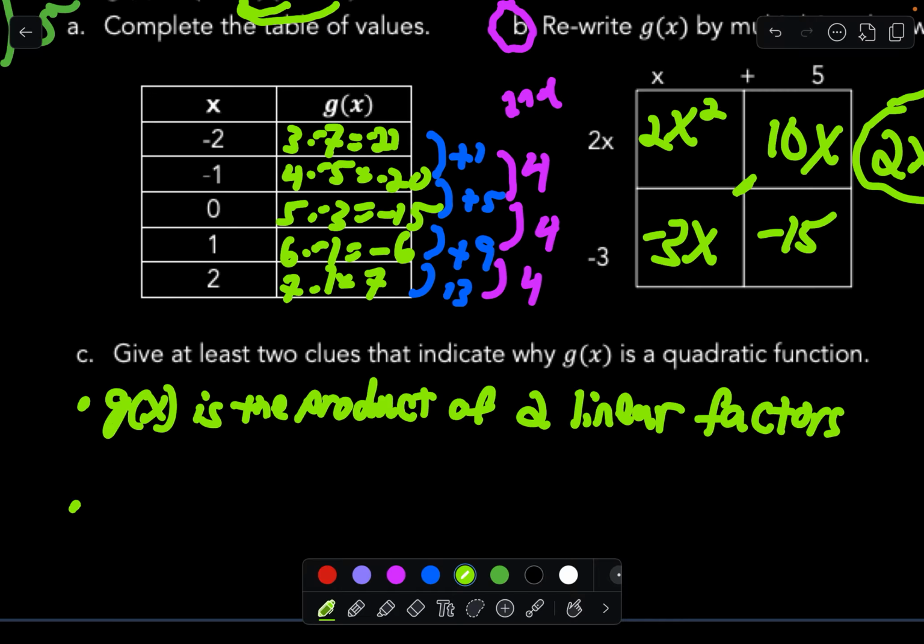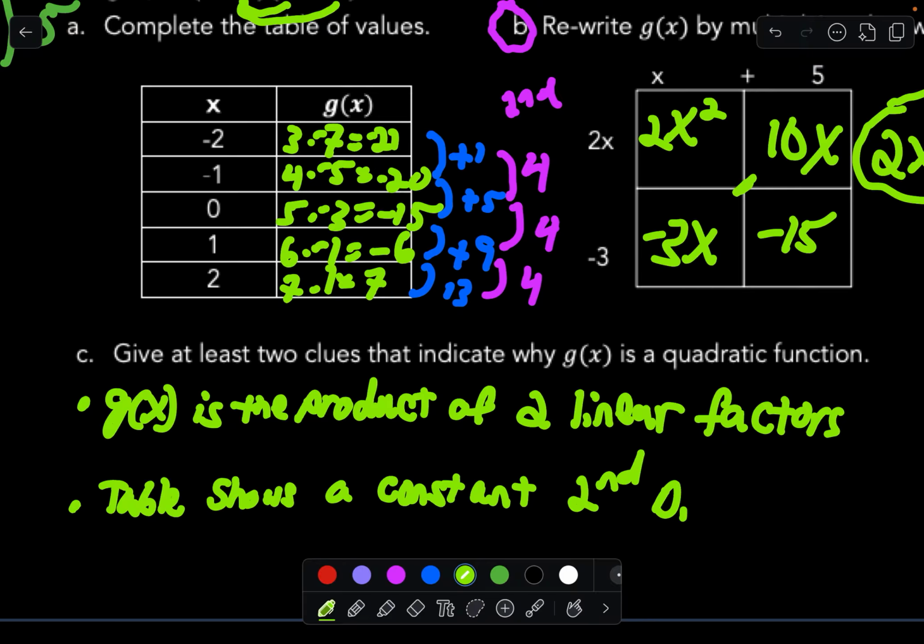Also, the table shows a constant second difference, and that's the other indication.